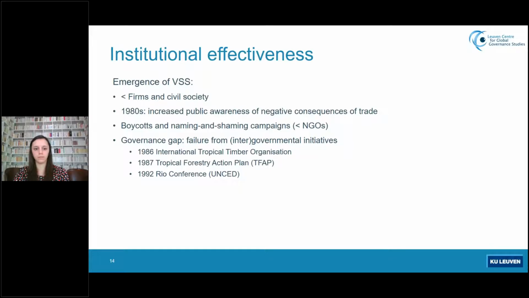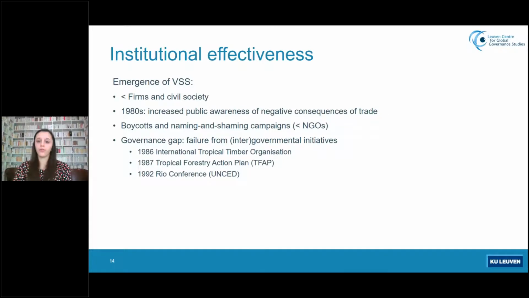One more example is the United Nations Conference on Environment and Development, the UNCED, held in Rio in '92, during which states basically failed to develop a binding agreement on the protection of worldwide forests. This again is only for the forestry sector, but it is the case for other sectors as well.